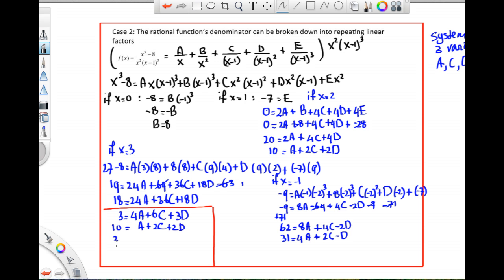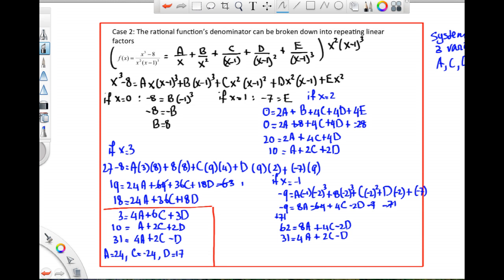And then the last one that I have is 31 is equal to 4a plus 2c minus d. And that's quite a lot of work to solve. If you do this, you should get a is 24. You should get c is a negative 24. And you should get d is equal to 17.